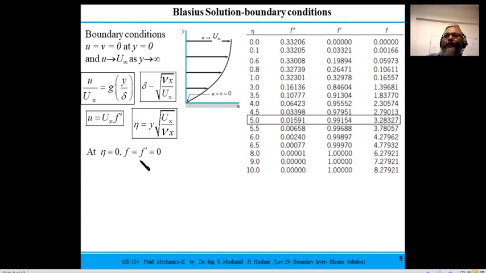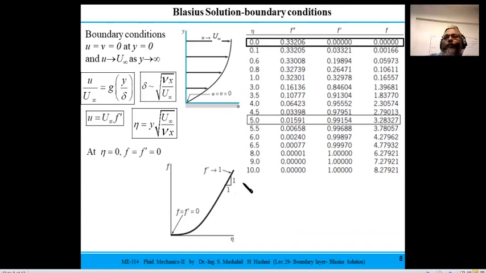So the first derivative is nothing but u over u infinity. Once u is 0, then the first derivative is also 0. So here the first derivative is also 0 when eta is 0. It means that the solution is at least satisfying this boundary condition, the so-called no slip boundary condition.